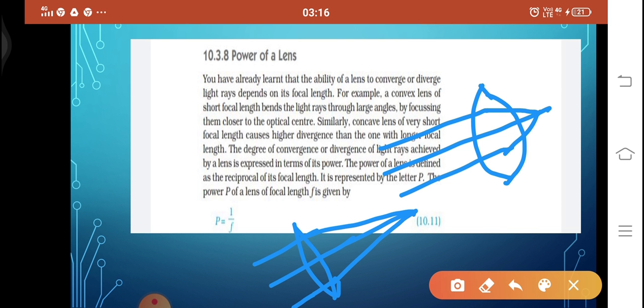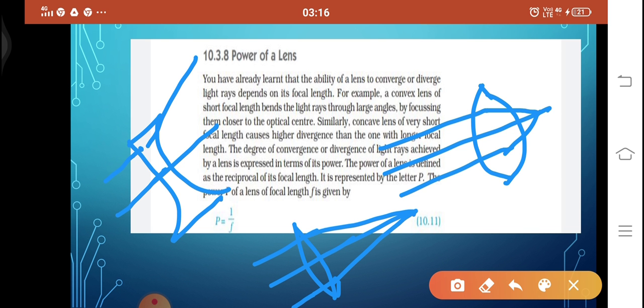Similarly, a concave lens of short focal length causes high divergence. Now suppose the concave lens is like this. Now we have a concave lens, so the principal axis, if the ray is coming here, it will diverge. But if the concave lens is thin, then the divergence will be very less.